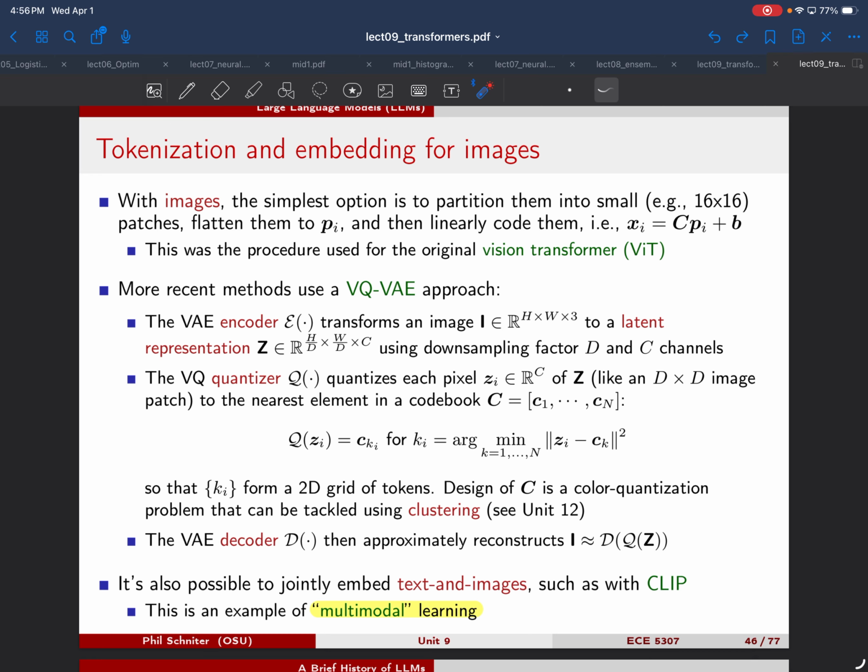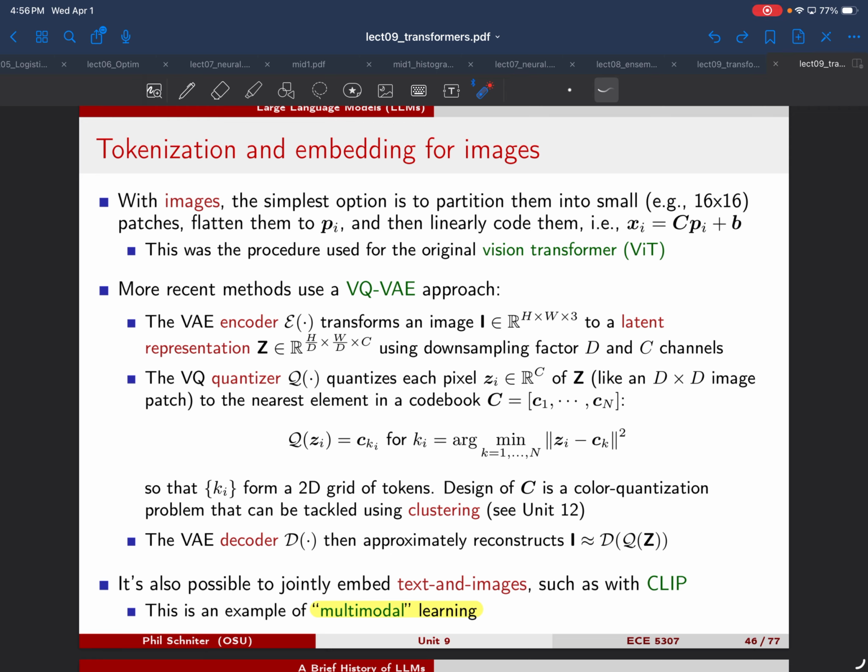By controlling d and c, you can change how much compression you have going from the image I to the latent Z, in the sense of how many numbers you're encoding the image with. Usually you can compress things down by a pretty good amount without losing much quality through this encoder. And then you can also build a decoder that starts with this Z, and from it reconstructs the image.